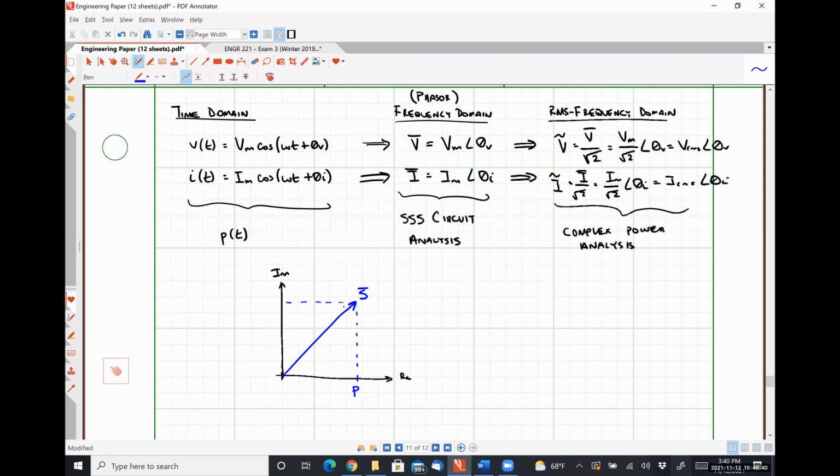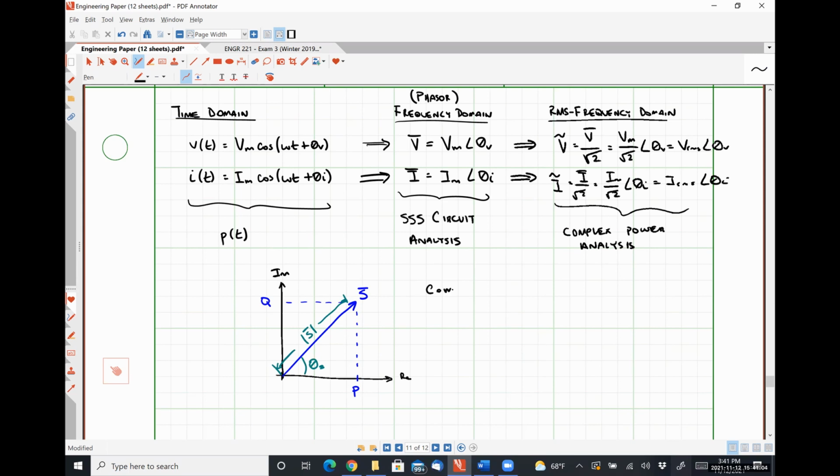The projection of S onto the imaginary axis is the reactive power. The length of S is the apparent power. And then this guy right here is our power factor angle.